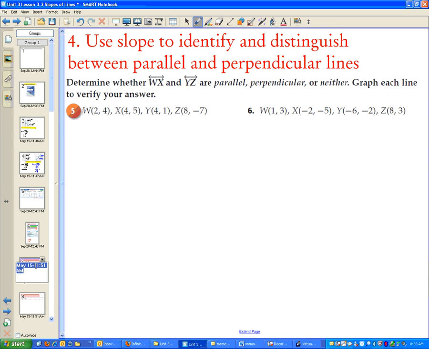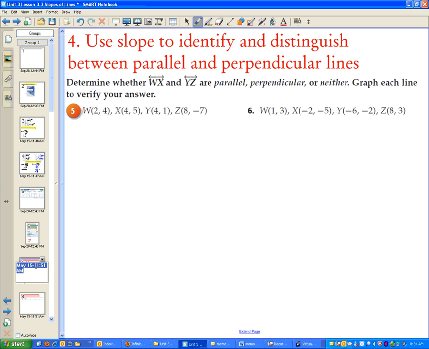All right, let's do a few more examples. Skip number 4. Let's do number 5. The directions say, determine whether line WX and line YZ are parallel, perpendicular, or neither. Graph each line to verify your answer. Graphing each line is fine. That doesn't really verify our answer, though, because when you graph these, are your graphs going to be perfect?